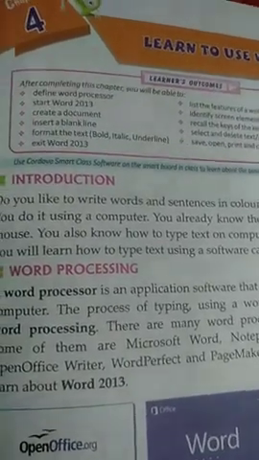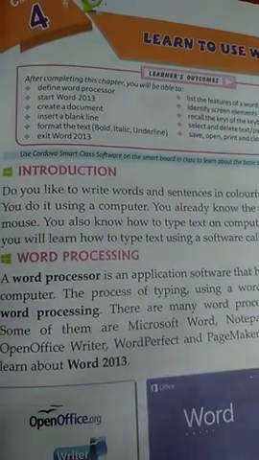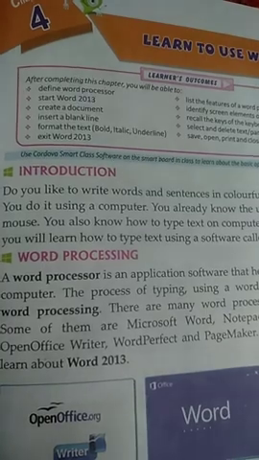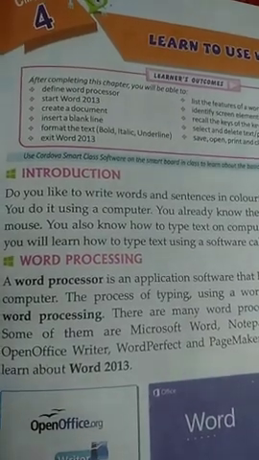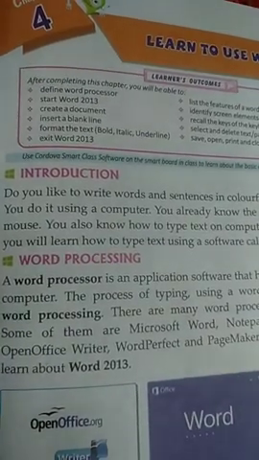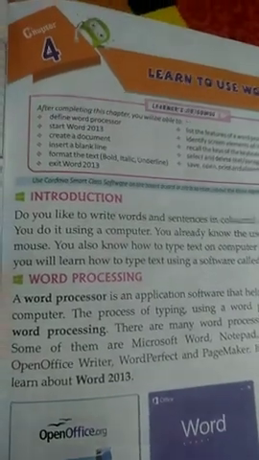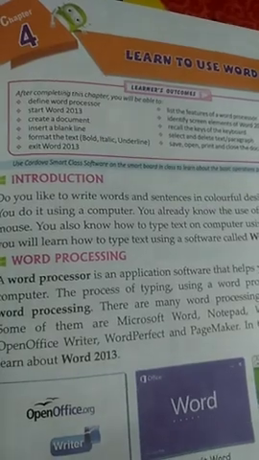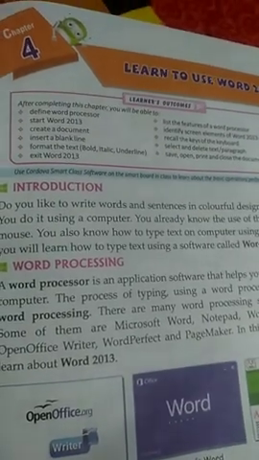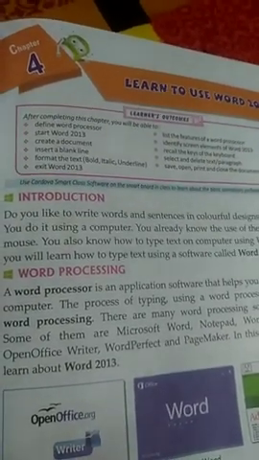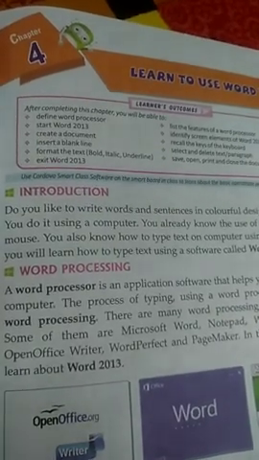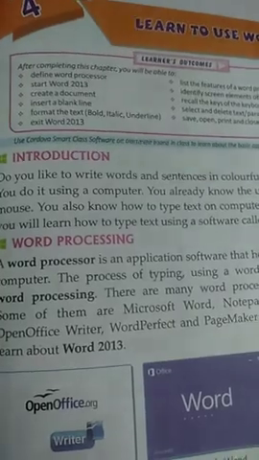And we also learned about word processors. A word processor is an application software. There is a lot of word processing software available, like Microsoft Word, Notepad, WordPad, Open Office Writer, and PageMaker.